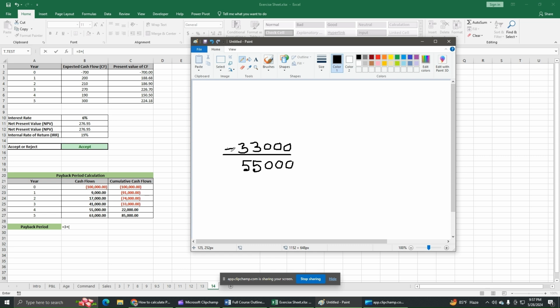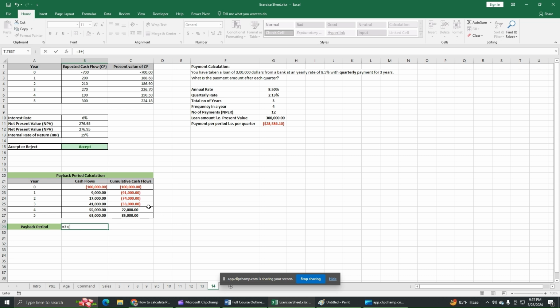But because we are calculating time, we will avoid this negative sign, because time always shows a positive value. Time cannot be negative. So how can we do that? We select this, and because it's a negative number, we make it positive by adding a negative sign here, then divided by this. So 3.6 years is what the business needs to cover this $100,000. So this is the answer.